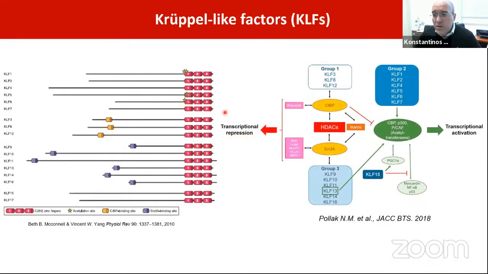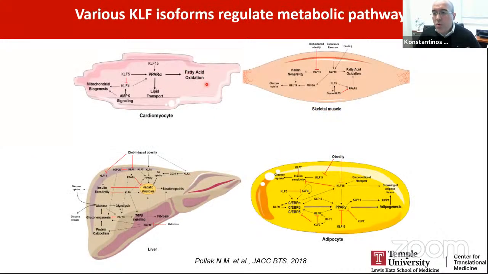At that time, I had no idea what KLFs are, and it seems like it's a big family of transcription factors. There are 17 or maybe 18 different isoforms. They have a similar structure in terms of the DNA binding domain, and depending on whether they interact with transcriptional coactivators or co-repressors, they can eventually activate or repress transcription. So we were very much interested in the regulation of metabolism.